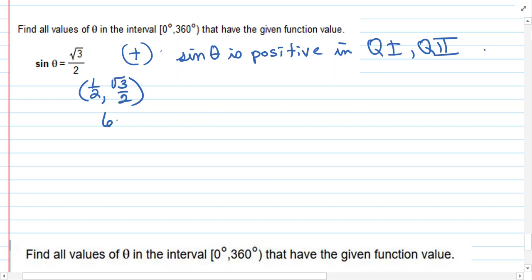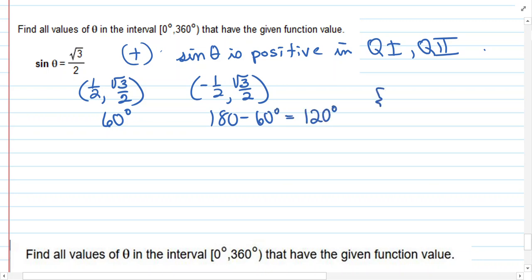So that's 60 degrees. And a negative 1/2 over the square root of 3 over 2, which would be 180 minus 60 degrees, 120 degrees. So my solution would be 60 degrees and 120 degrees.